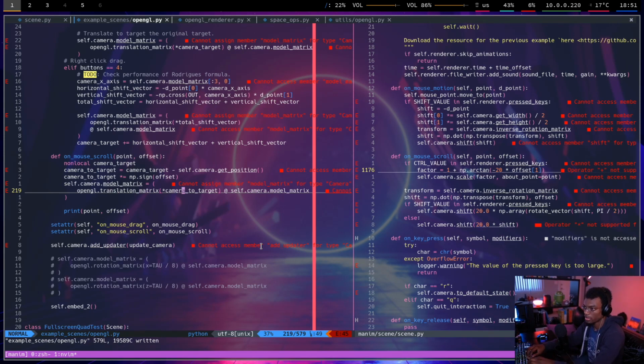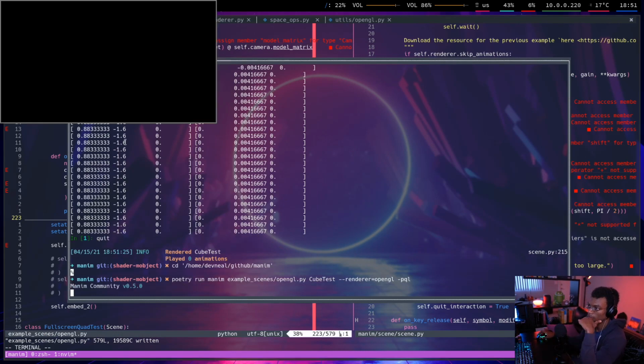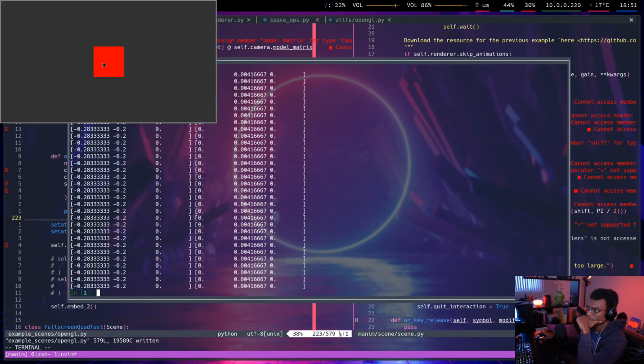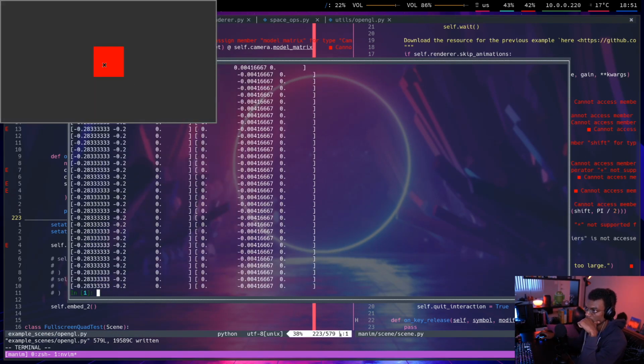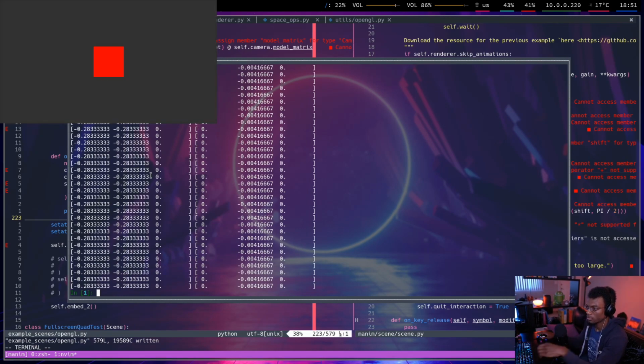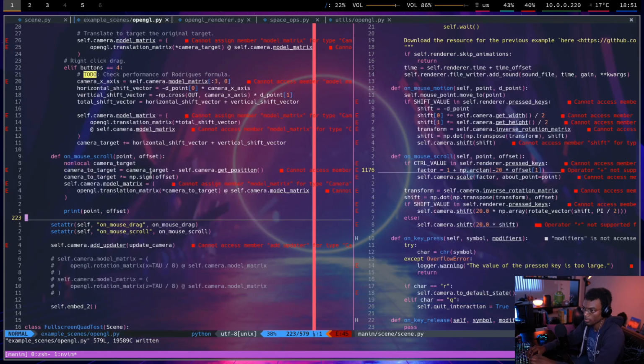It seems like it makes so much sense. Here it's not doing anything, as far as I can tell. Camera target minus camera.get_position. That seems right. Multiply by the sign.